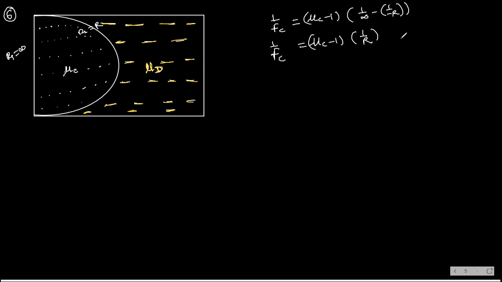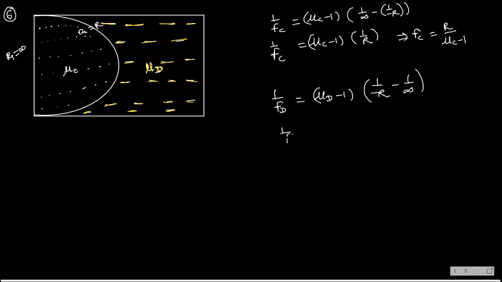Similarly, Fc is equal to R by (mu C minus 1). Similarly, if I want Fd, so 1 by Fd, I have less time, so I am doing it fast, try to understand. (Mu d minus 1) into, now for this it is minus R only.